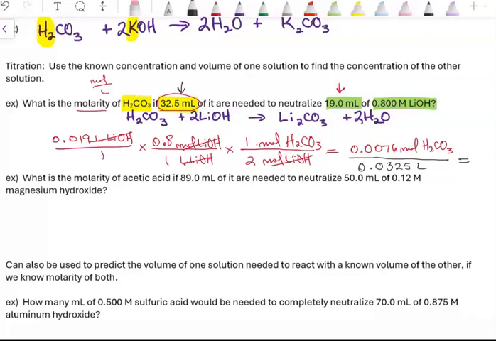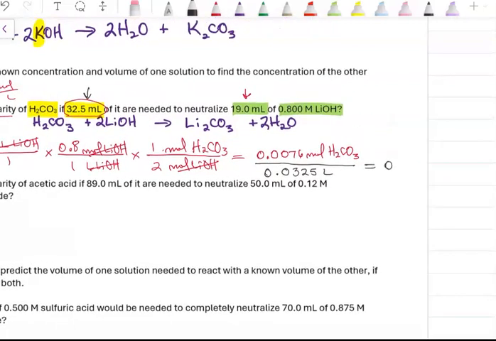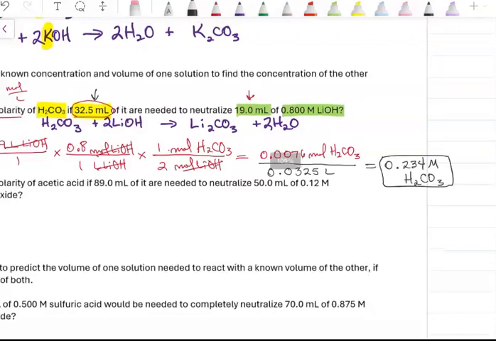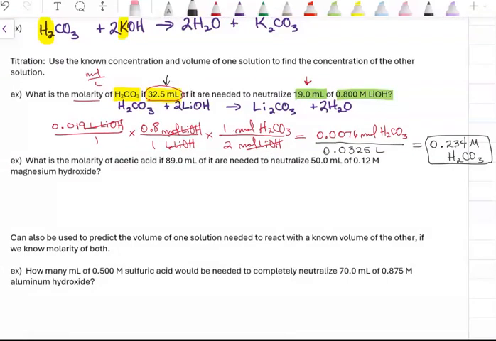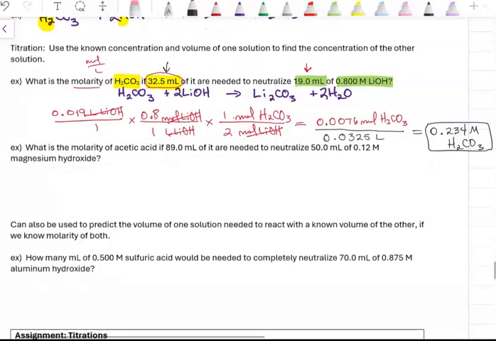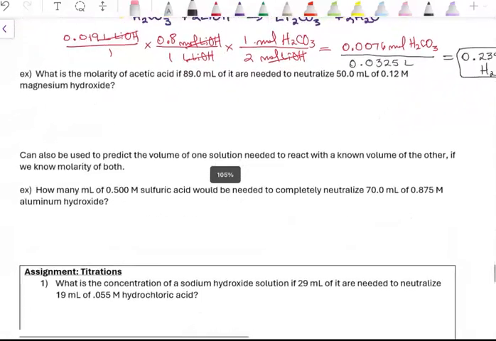And I'm going to stop that at 3 sig figs, so 0.234 it looks like. And that would be molar H2CO3. And that is how we find an unknown molarity in a titration calculation. I'll go ahead and let you try the other one there on your own, and we'll go over it in class. Let's go to one more type of problem.